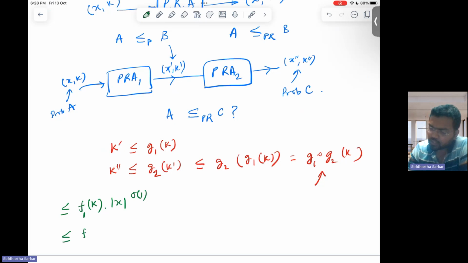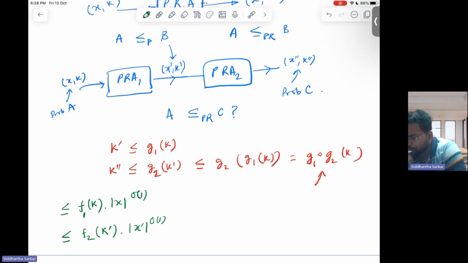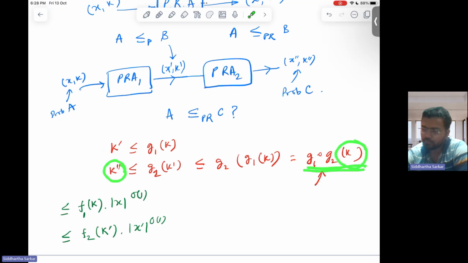Similarly, for the second reduction, let us say the function is f2. For the second reduction, the input is x dash comma k dash, so this relationship for the running time will hold. The overall running time will be this running time plus this running time. And k double dash is bounded by this function of k.